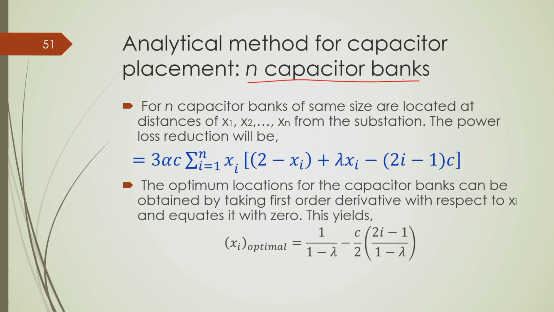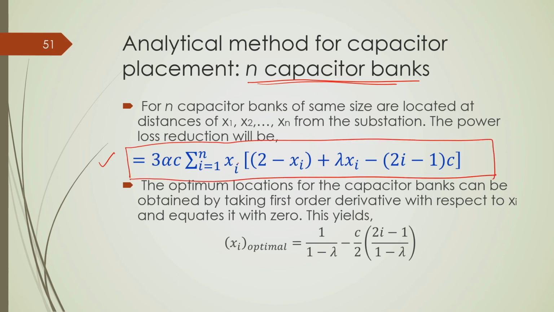If we have n capacitor banks, from these previous 2 expressions you can find the expression for loss reduction, and the generalized expression comes out to be this, where x i are basically the locations of the capacitors: x 1 is the location of the first capacitor, x 2 is the location of the second capacitor, and so on up to x n, where x n represents the location of the nth capacitor. Other than that it is essentially the same, that means this is a function of lambda, c and x i.